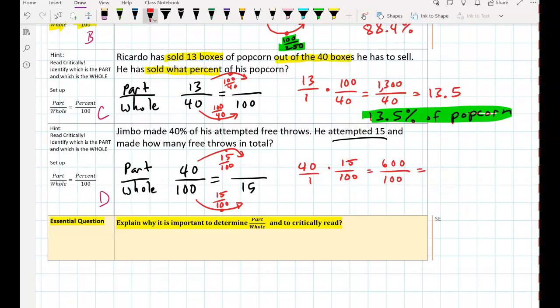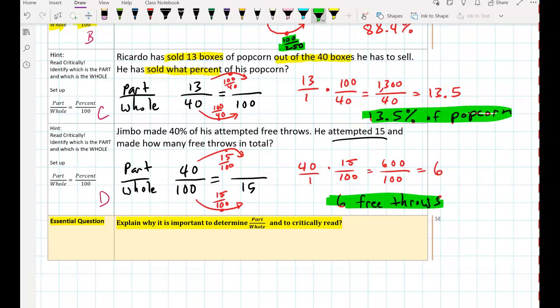And 600 divided by 100 is 6. So, that tells us that he made 6 free throws all together. Make sure you always label your answers. 6 free throws.